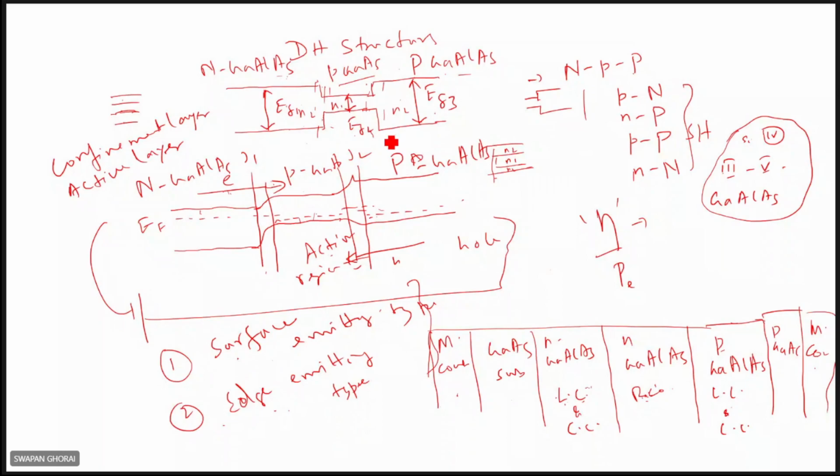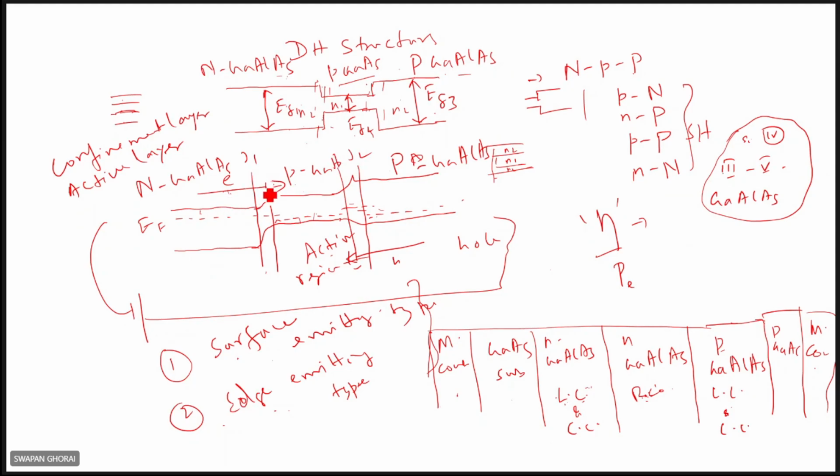So two junctions are there, right? In the energy diagram, you can see the depletion regions. One is N type, another is P type, another is capital P type. Capital means larger band gap. This is EG1, this is EG2, this is EG3. Generally EG3 and EG1 are the same, but it can be different also.